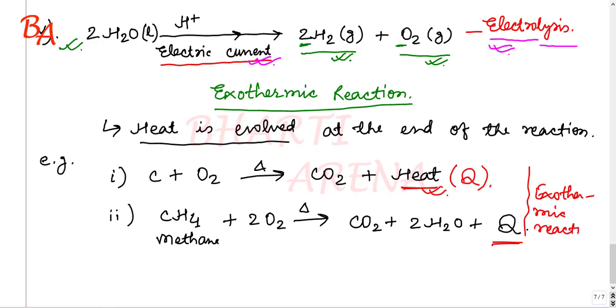There are many such reactions; mainly the fuels are exothermic reactions.